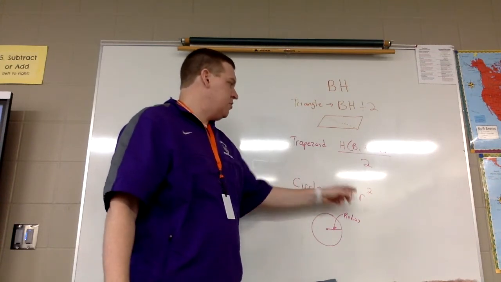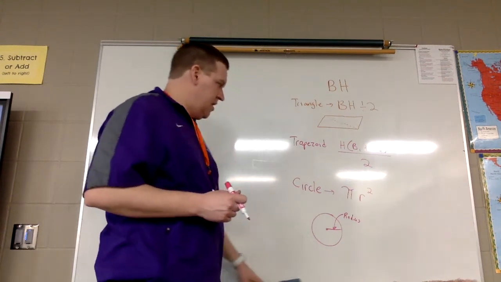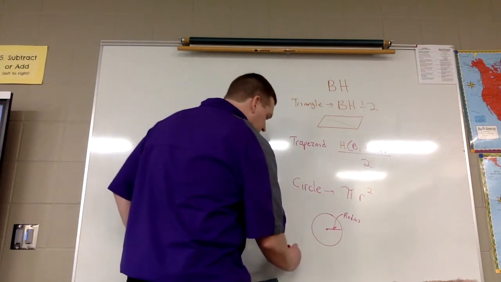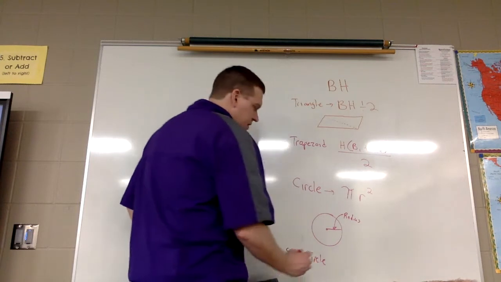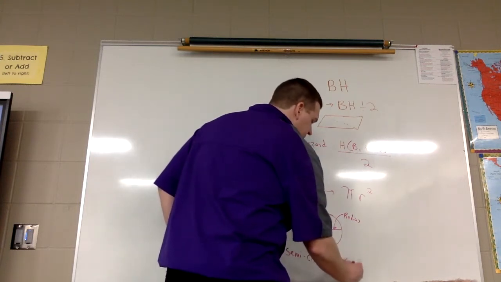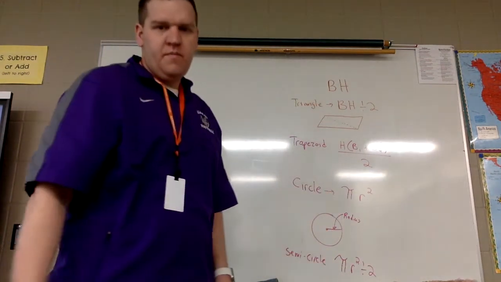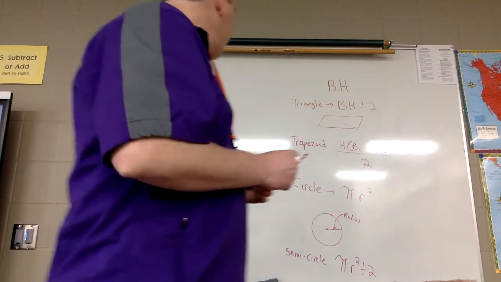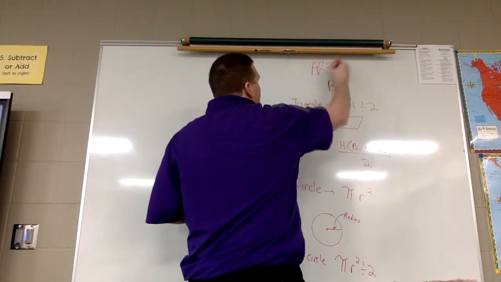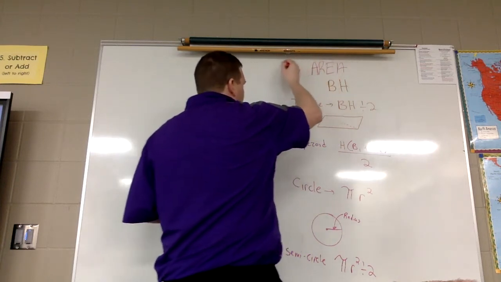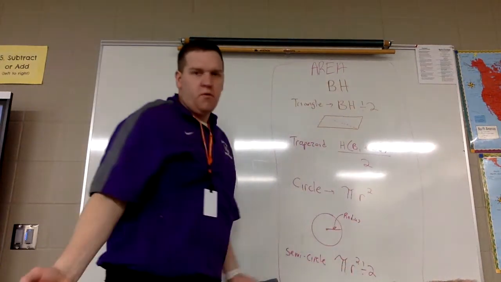Okay, pi times radius squared is the area of a circle, and then of course, if it is a semicircle, that is pi times radius squared, and then we would divide by 2 at the end. Okay? So all of these things are area formulas that we are going to have to remember for today.